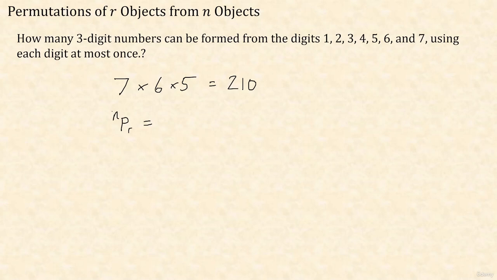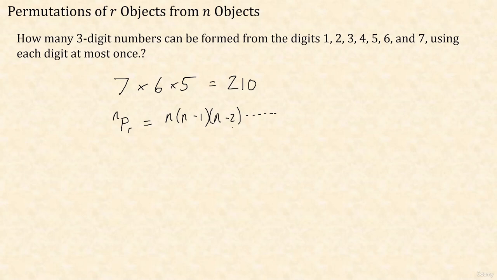So in general, if you have n and you want to select r from those, where the order matters as it does here, we're going to have n times n minus 1 times n minus 2, etc. And we're going to keep going until we've selected r objects.